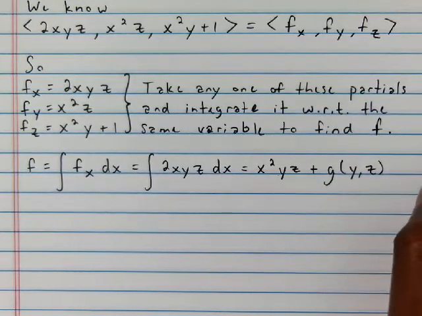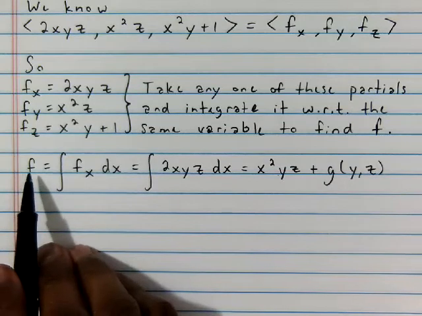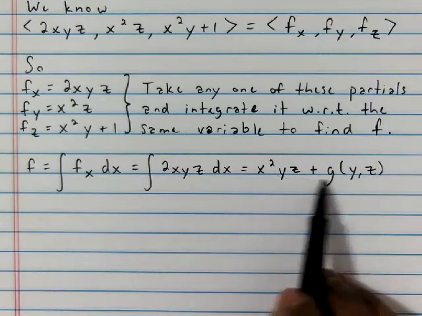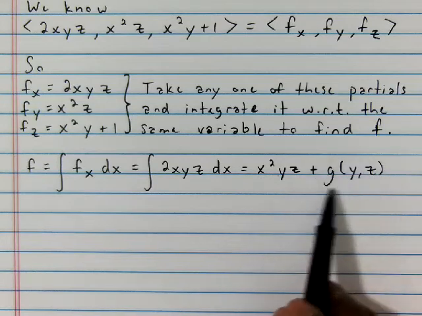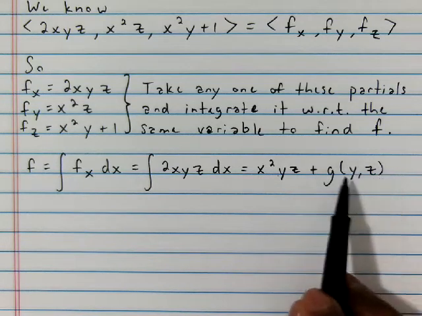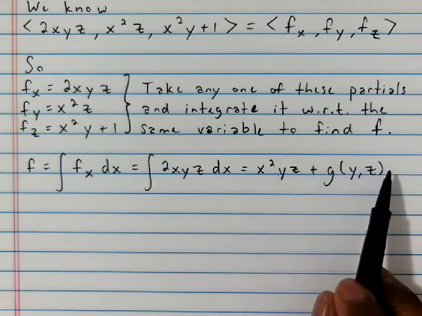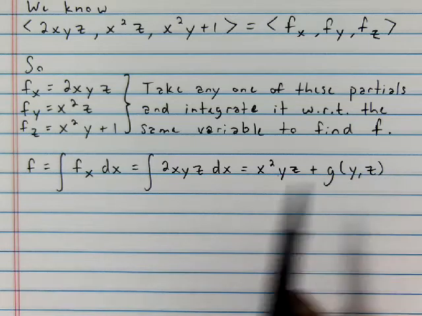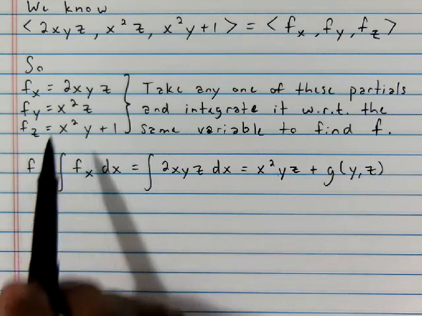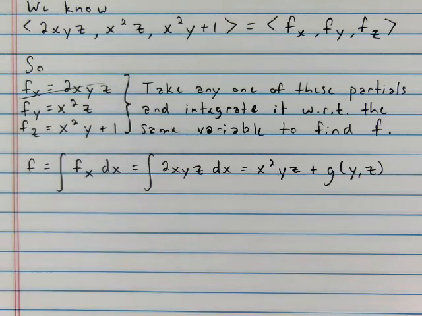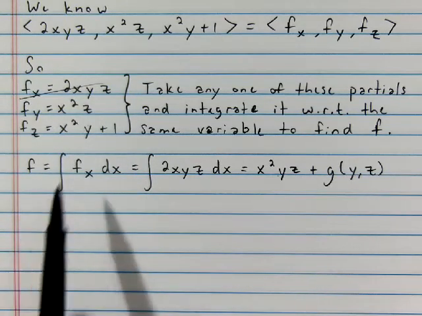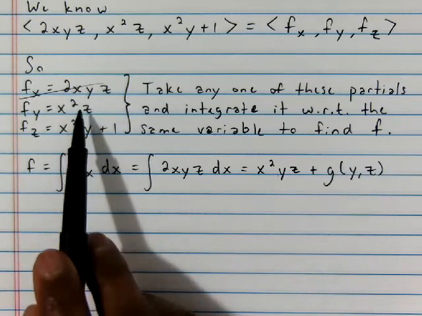So right now, supposedly, the function we're looking for is f equals this thing right here. But that's not good enough for us. We want some more information about whatever this g of yz is. So we're going to take it a step further. Now, at this point, I have squeezed all the information I can out of f sub x. So I can't do anything else with that anymore. Now, any other information I'm going to have to get from these two functions right here.